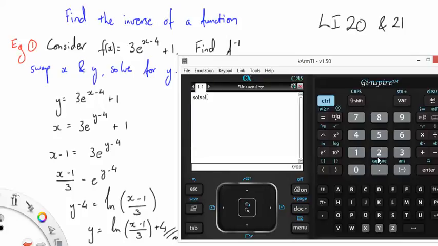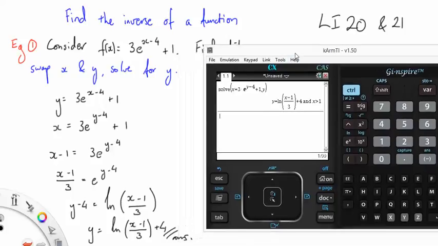So I want to solve x equals 3 times e to the power of y minus 4 plus 1. Make sure you hit this right arrow over here when you want to move out of the index part. And we want to solve this for y. Great.